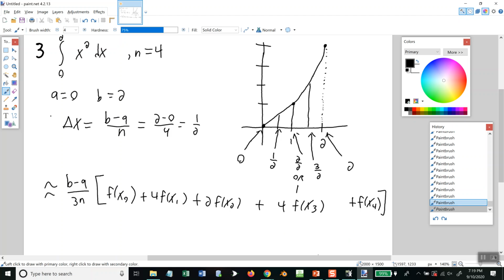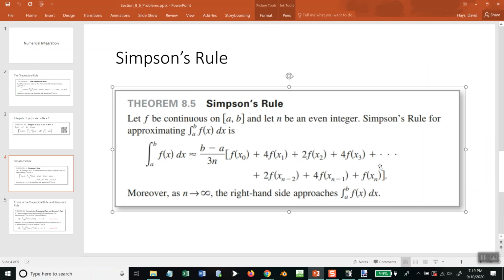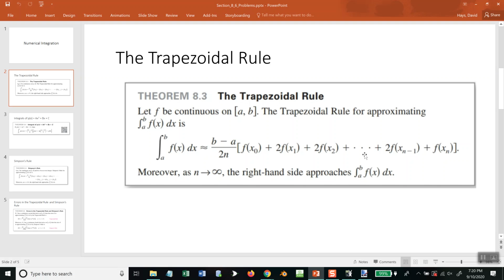Now you'll notice in some of these formulas, they will tell you that n has to be an even integer. We didn't have that stipulation on the trapezoidal rule. If you look over here, it doesn't say anything about n, does it?